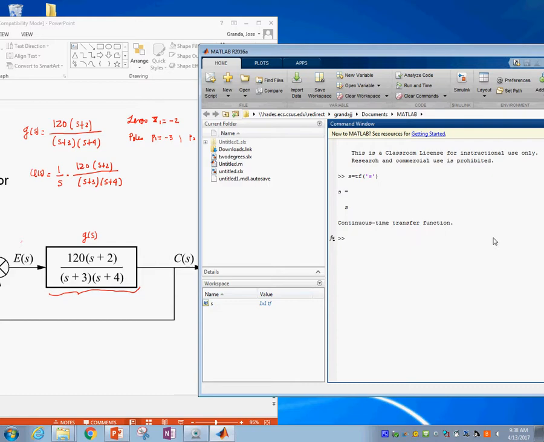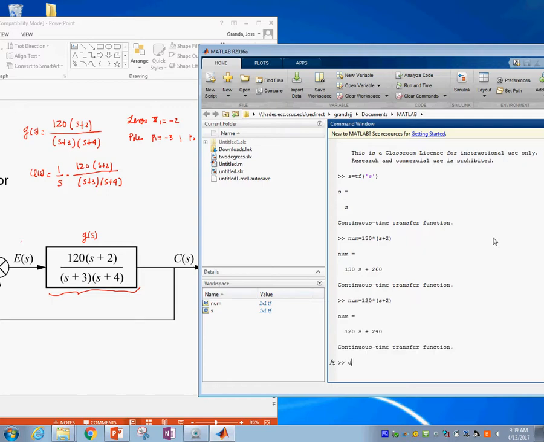So the numerator of this, I'm going to say the numerator is going to be 120 multiplied by, and then you write it exactly as you have it, S plus 2, like that. Did I do something wrong? It's not 130, it's 120, right? So let's just fix that for now. Okay.